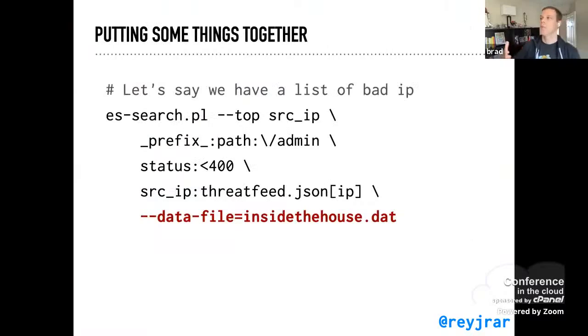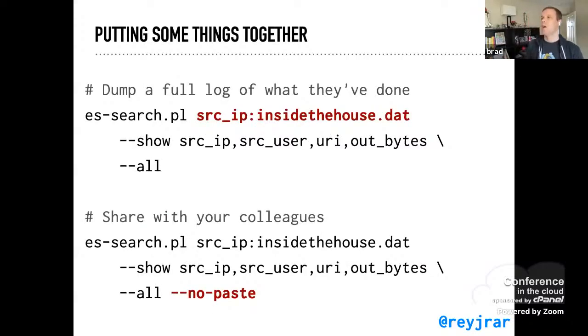So here's an example where I do a top aggregation, I do a top search, and then down here I specify data file inside the house.dat. And you may be familiar with that because you saw badguys.dat. That's exactly the kind of query that would create that type of file. So now I can use that output as the input to the next query.